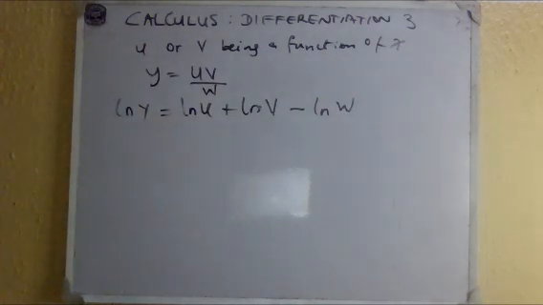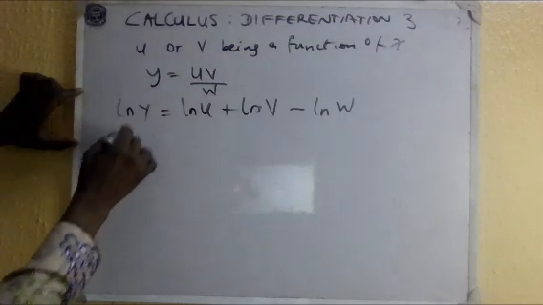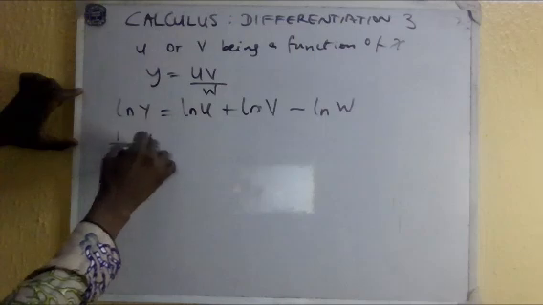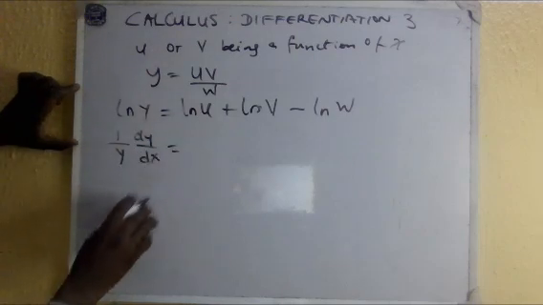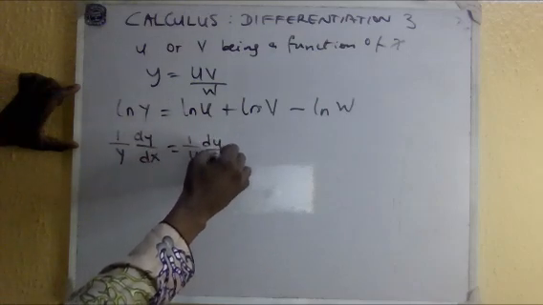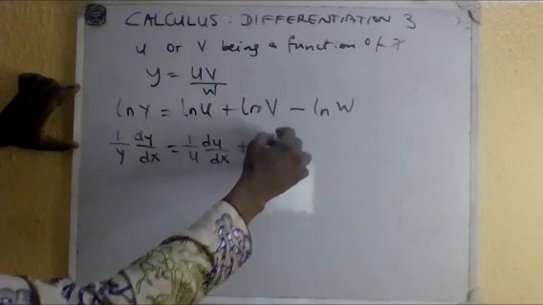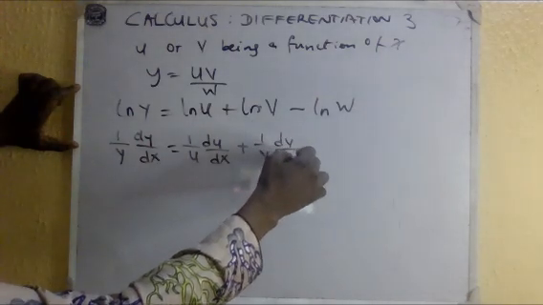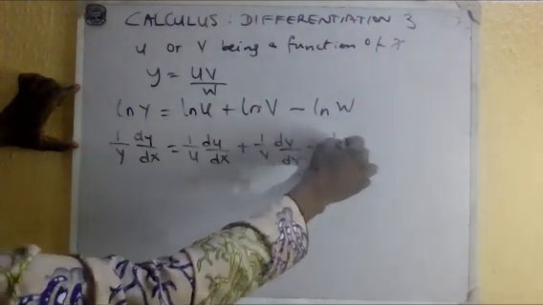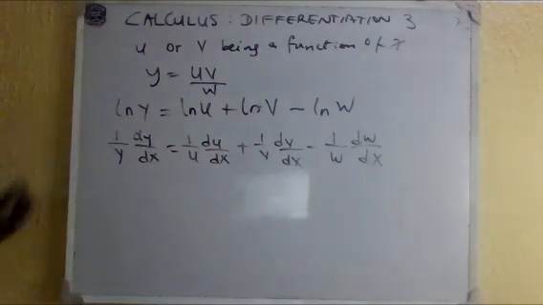And the differential of this is the same thing as saying 1 over y dy/dx is equals to 1 over u du/dx plus 1 over v dv/dx minus 1 over w dw/dx. So this is how this is expressed in general terms, so that you can differentiate it.